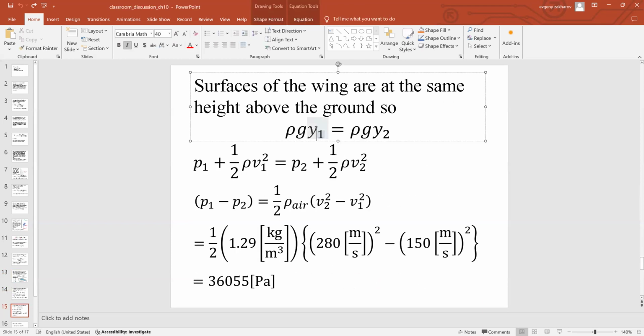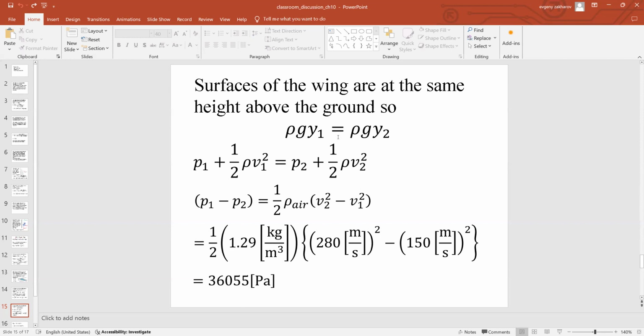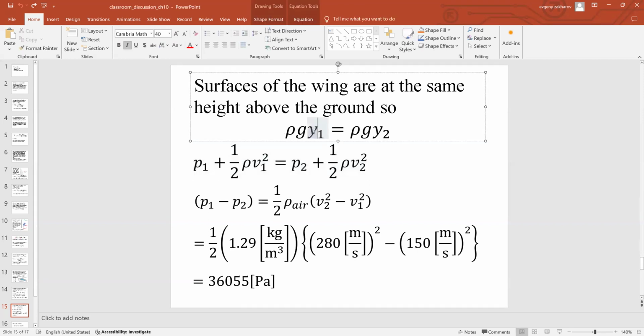So you can consider the potential energy roughly the same. Your answer will not really change that much anyway. So with potential energy the same on top and at the bottom of the wing, you have pressure plus kinetic energy density equals pressure plus kinetic energy density, top and bottom.